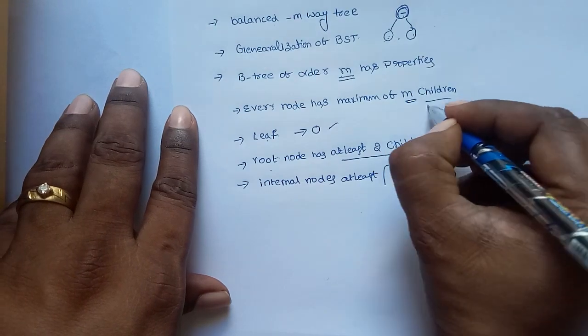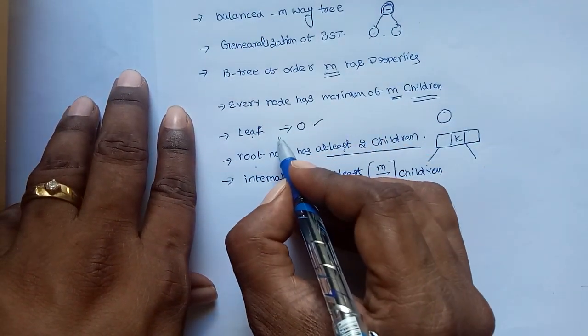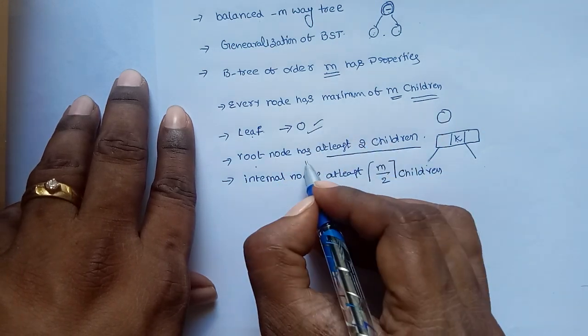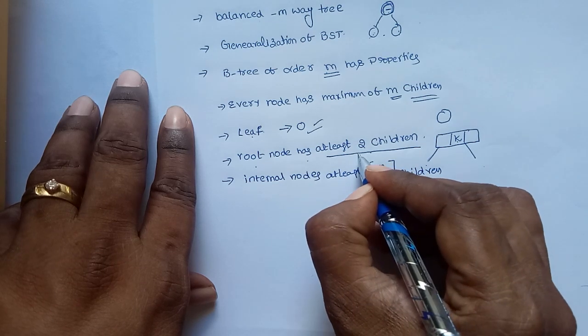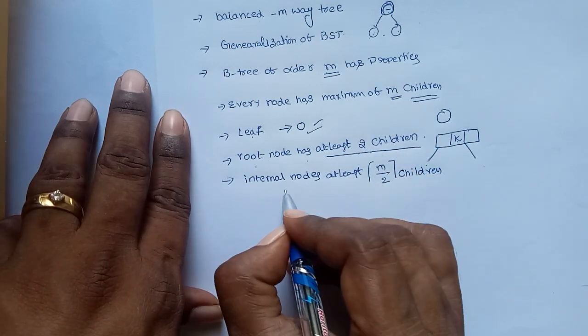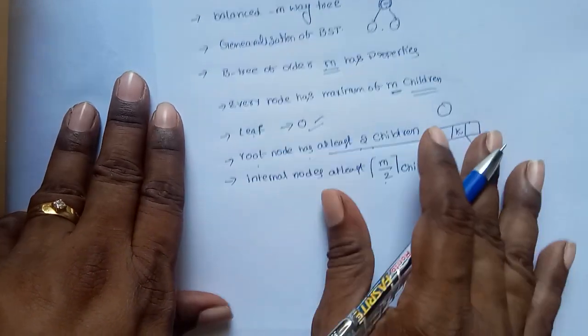Children means simply the subtrees. A leaf node does not contain any children. A root node contains at least 2 children, and all internal nodes contain a minimum of M by 2 children.